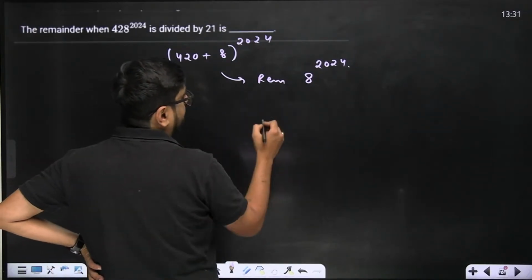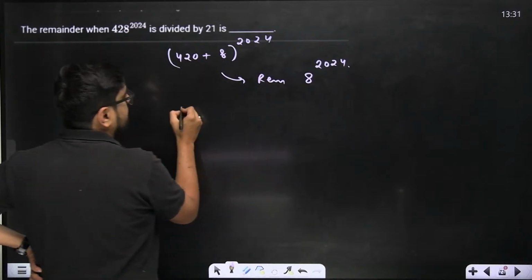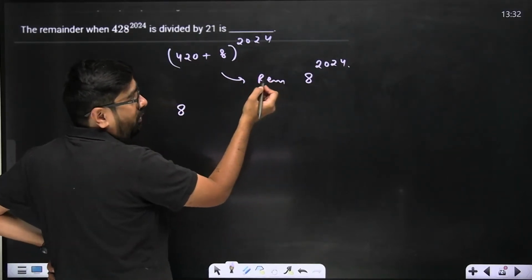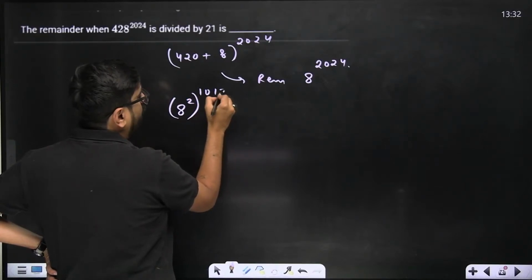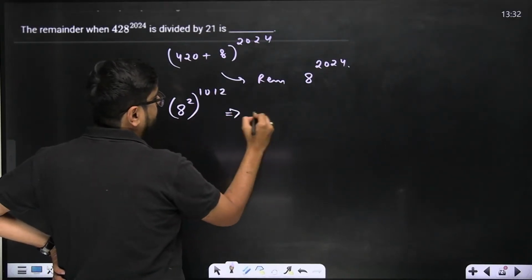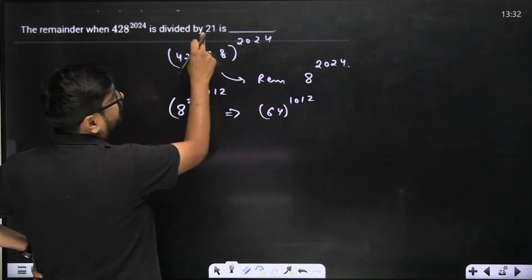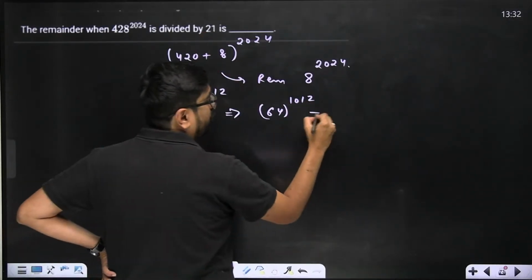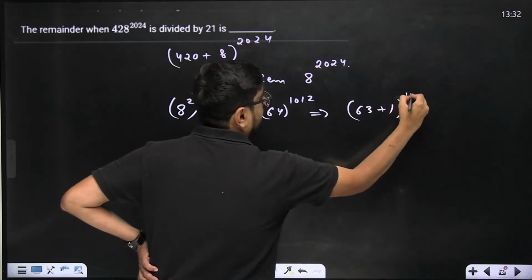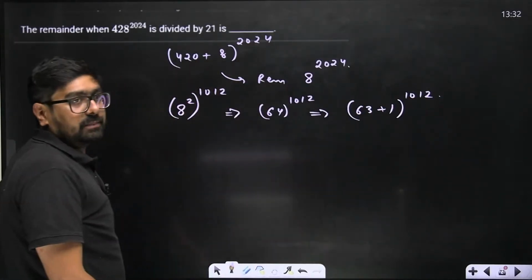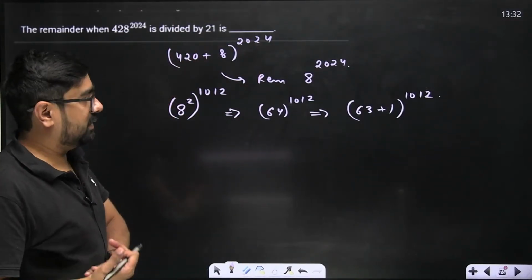So we'll write this as 8 squared, which is 64. So 8 to the power 2024 is 8 squared to the power of 1012, and this will become 64 to the power of 1012. And 64 can be written in terms of a multiple of 21, which is 63 plus 1, to the power of 1012. Correct? Right. 63 is a multiple of 21.